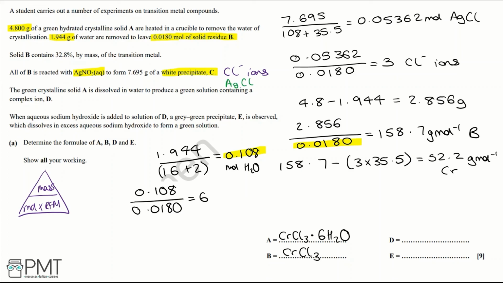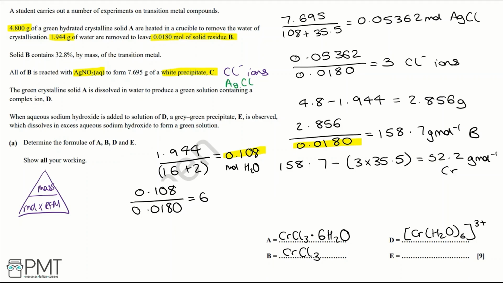So D is asking you to find the formula of the complex ion when A is dissolved in water. So this formula is going to be chromium with 6 H2Os, and we're going to have a 3 plus charge because we've lost our 3 chlorines.